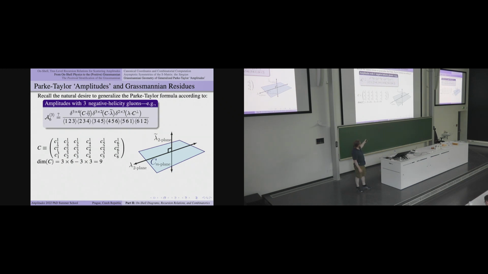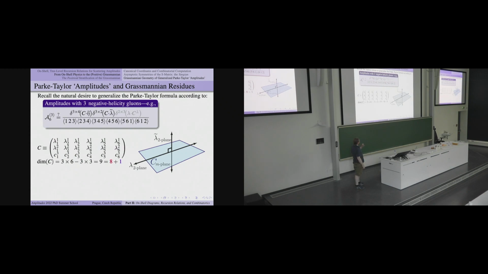And yet, we only have 8 delta functions. So there's some one parameter left after you've imposed all of these delta functions. There's still a one-parameter family of configurations C that satisfy all of these constraints. And this formula on the right-hand side depends on that undetermined parameter.